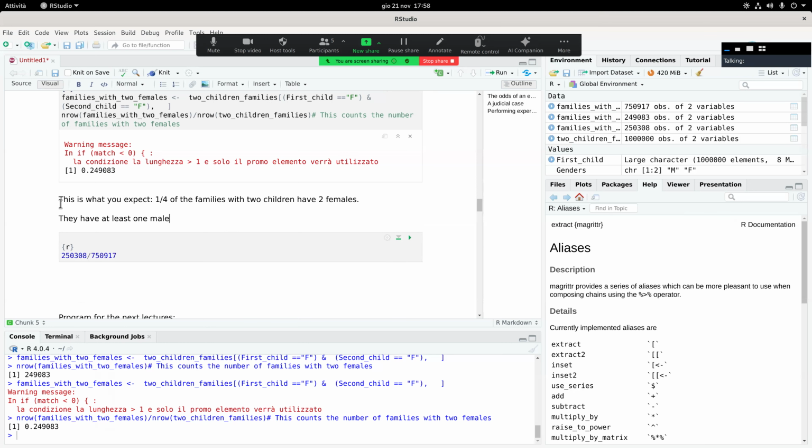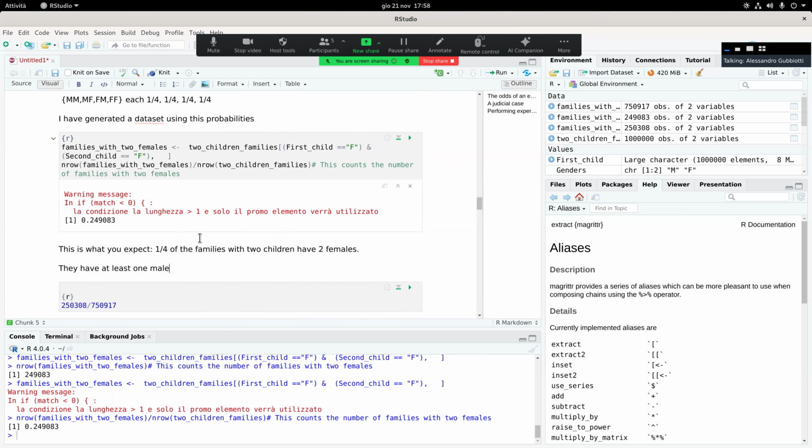Well, now how do you have to change your dataset? To change your dataset, you simply remove the data that does not satisfy this condition. And this is what we did here.